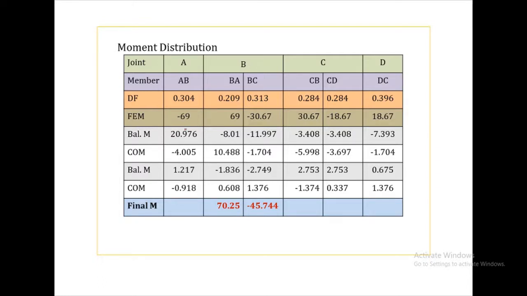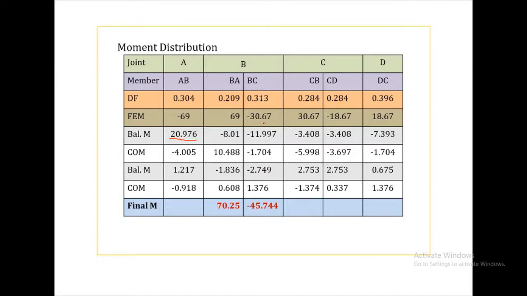Now to balance, here we have minus 69, so we multiply 69 into 0.304 and we'll get 20.976. And in the joint B, we have 69 kilonewton meter and also minus 30.67 kilonewton meter. So what we do is that we add.